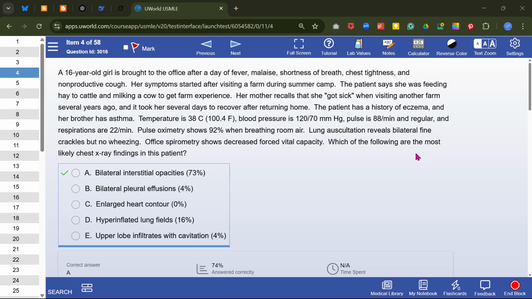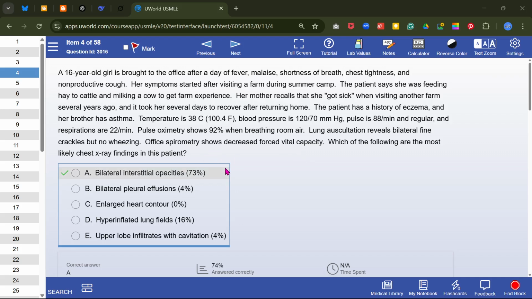Which of the following is the most likely? Whenever she visits a farm and comes in contact with animals, she gets some sort of immunologic response, causing her sickness. Looks like hypersensitivity pneumonitis.